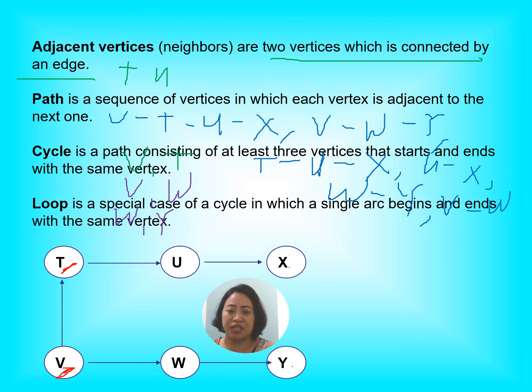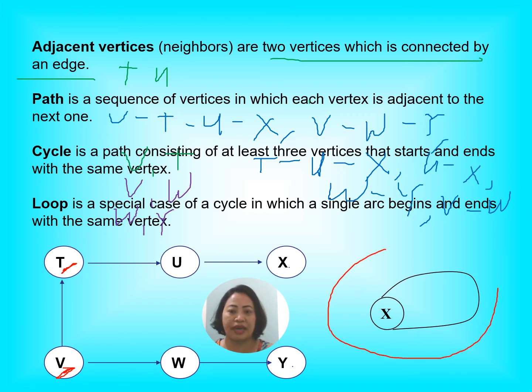Next, loop is a special case of cycle in which it has only a single arc that starts and ends with the same vertex. Here, okay, we have another example of a loop. Okay, as you have noticed, we have X and it has an edge that starts and ends with the same vertex.